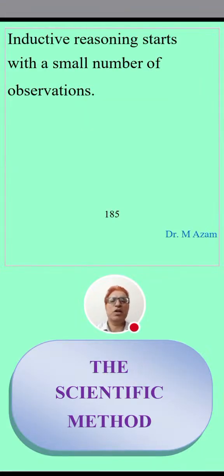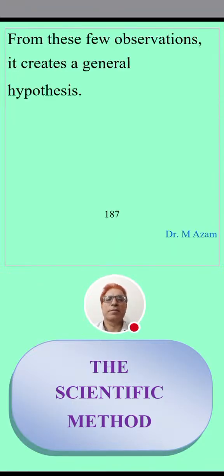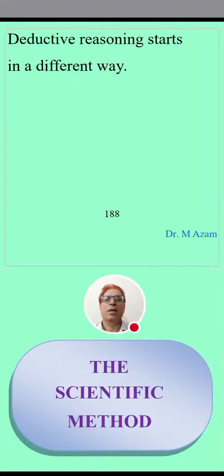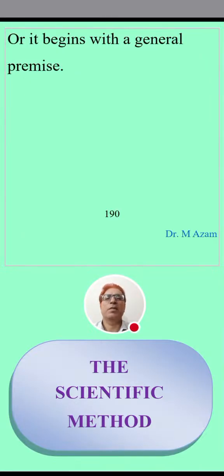Inductive reasoning starts with a small number of observations. These observations are limited. From these few observations, it creates a general hypothesis. Deductive reasoning starts in a different way. It begins with a general hypothesis, or a general premise.